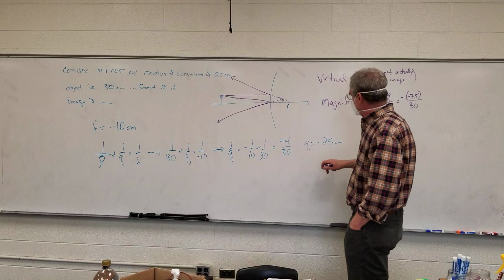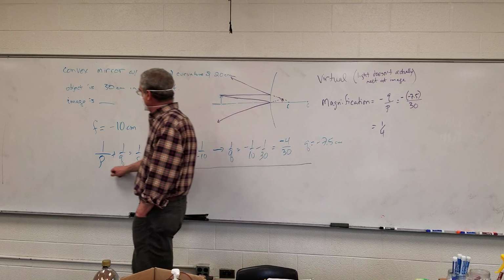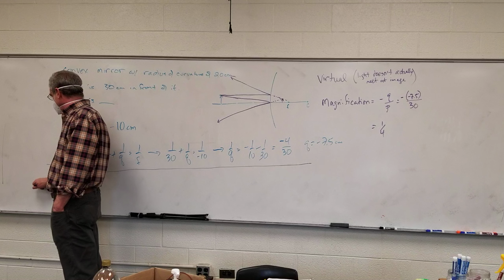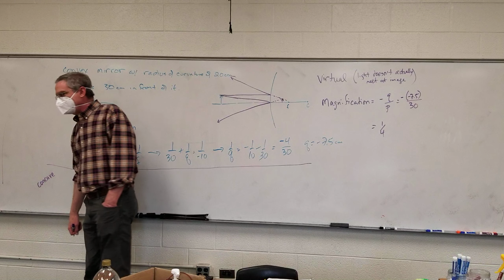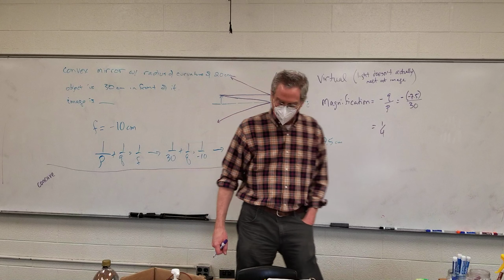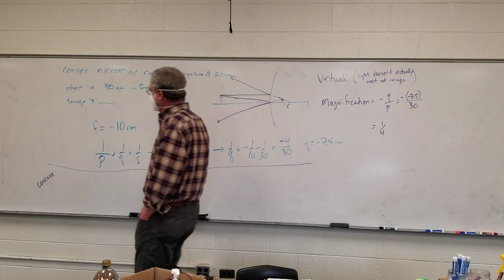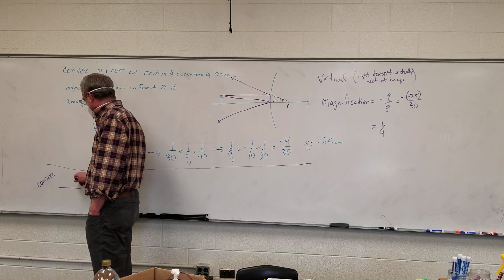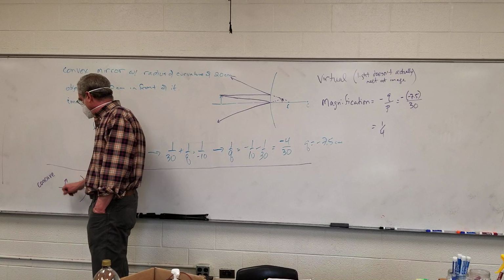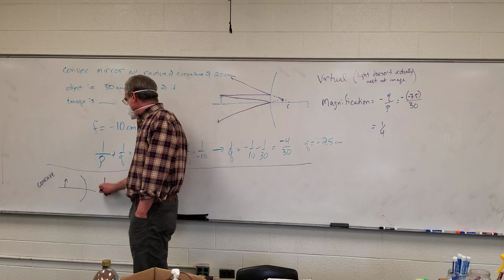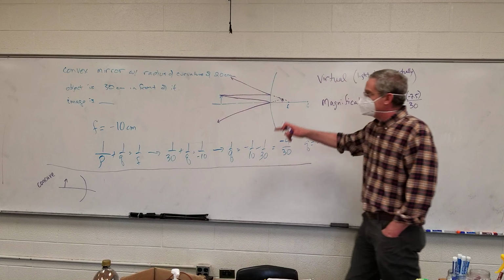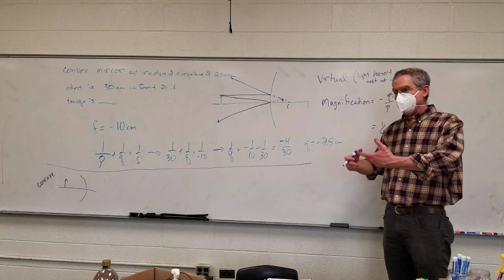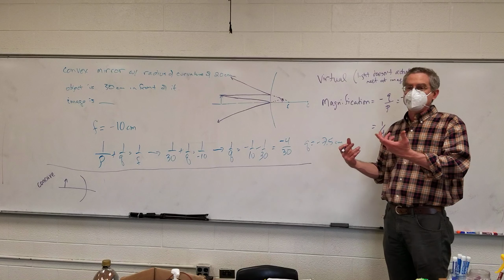And since we're here, in a different color, let's work the same problem, except this time with a concave mirror. This is what we're working with. Plug and chug. The only thing that's different between this and the previous problem, in terms of the math, is the focal length is positive now.